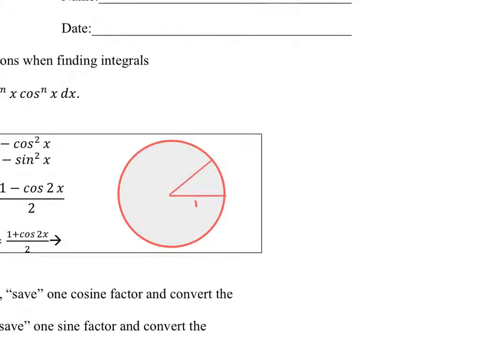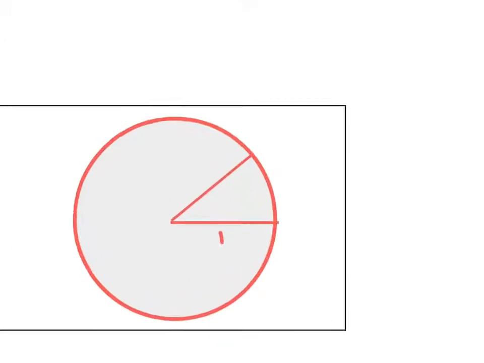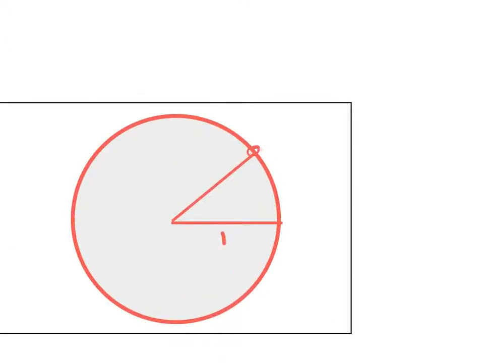coordinates along the circumference of the circle. So those coordinates are x comma y. All right, x comma y.